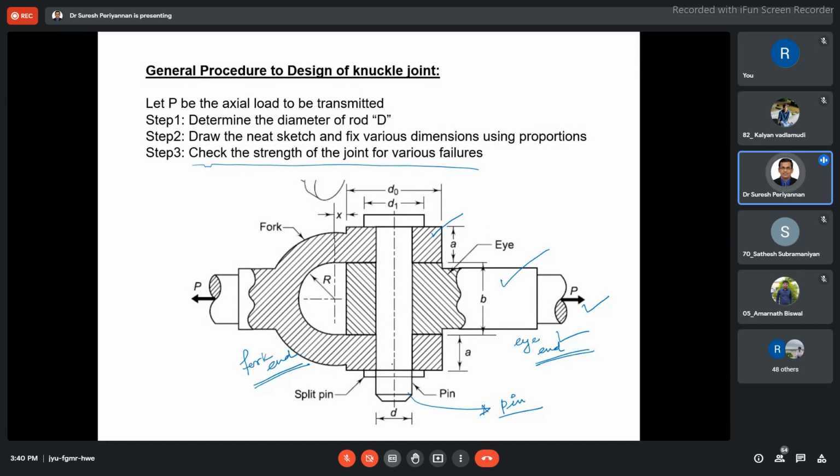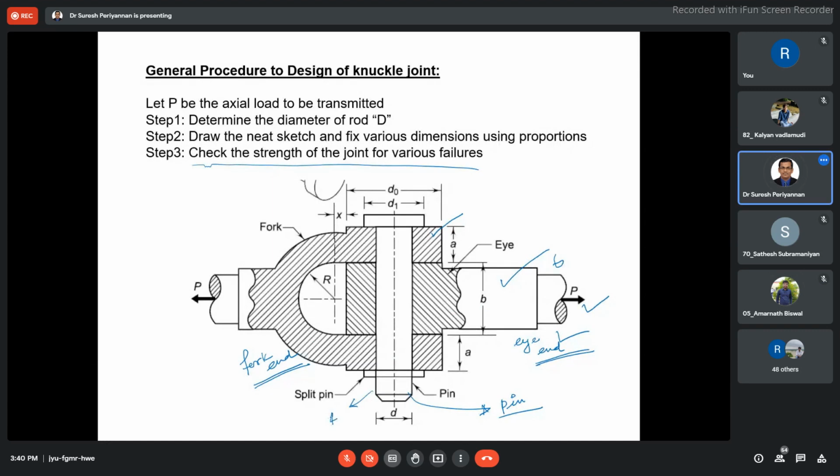The cost of the pin is also less as compared to the fork and eye end. If I give the fork and eye end a factor of safety of, for example, 6, then for the pin we can give 4 or 5.